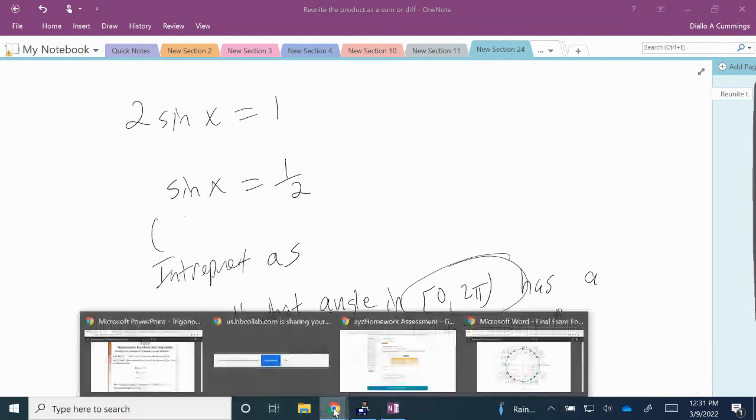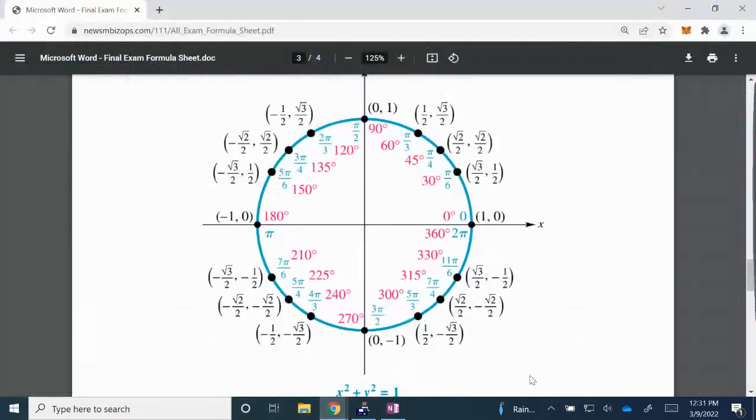We're looking at all of these things in the interval from 0 to 2 pi. So I'm going to pull out my unit circle. We're going completely around the unit circle. We're looking for all angles that have a y value of 1/2. So I see that 30 degrees or pi over 6 has a sine value of 1/2. And also 5 pi over 6 has a sine value of positive 1/2.